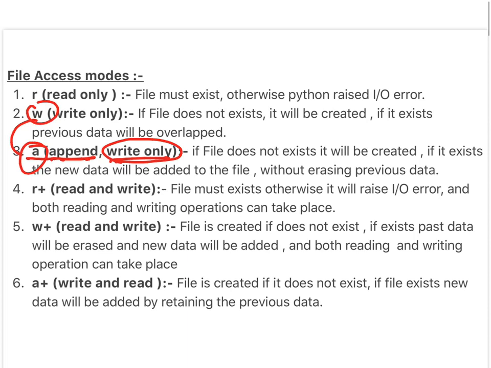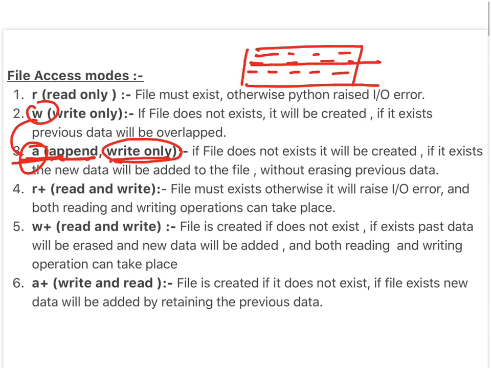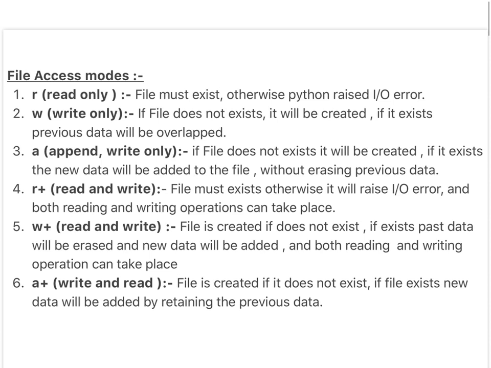It means if you have a file and some contents are already there, if you are opening the file through A mode, through append mode, the previous contents will be retained there and the new contents also will be added into your file, which is not the case in W or writing mode. So it should be clear.